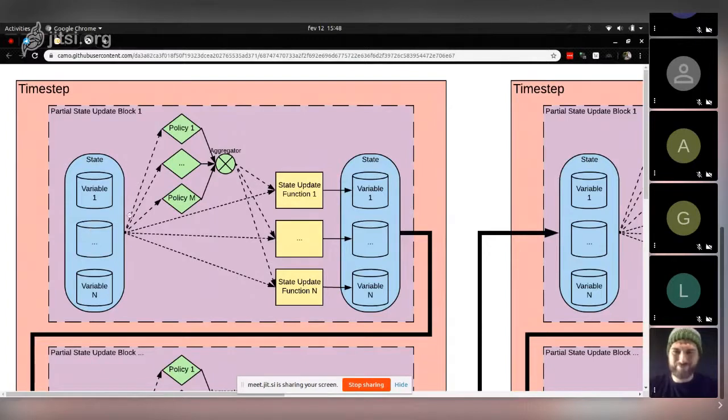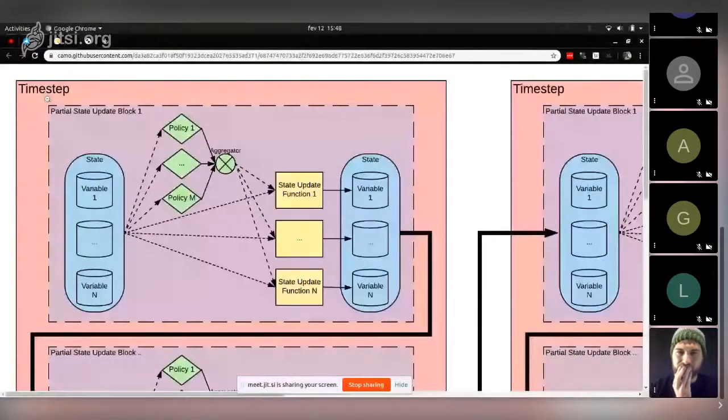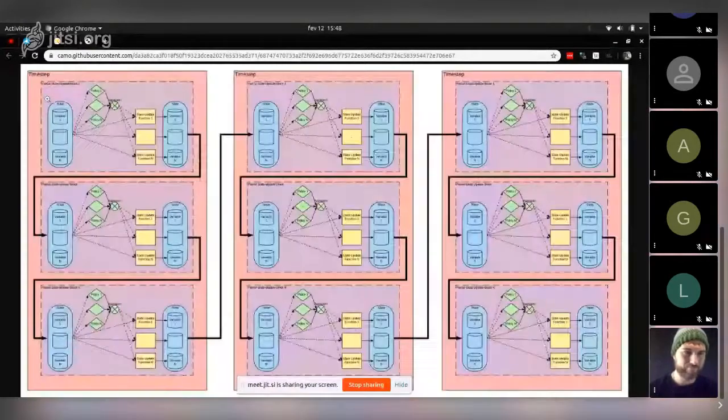And what cadCAD does is that for each time step, which is this red block, which represents some point in time, like, for example, today or tomorrow, you have these several blocks, which are the partial state update blocks.